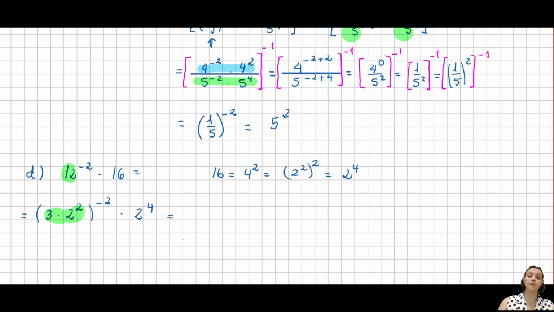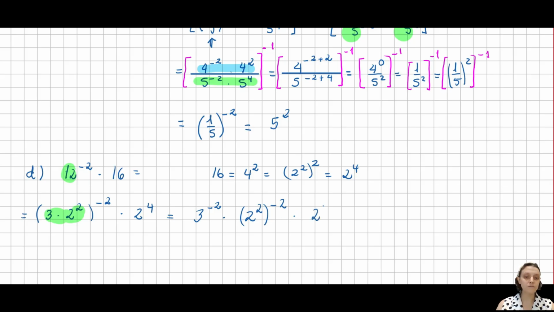So we're going to power each of the bases right there. So we have 3 to the power of -2 times 2 to the power of 2 to the power of -2. Remember to use parentheses when we have the power of a power or when we have negative bases for the powers, okay? Those are the 2 situations.